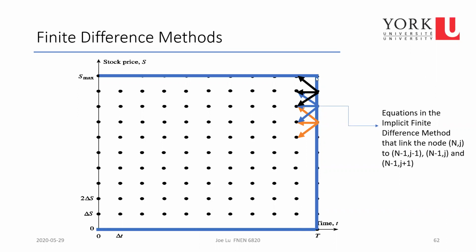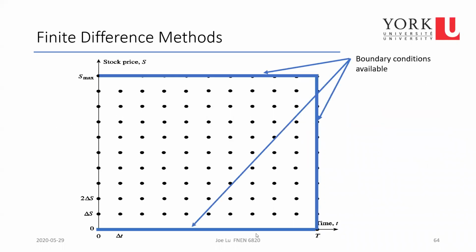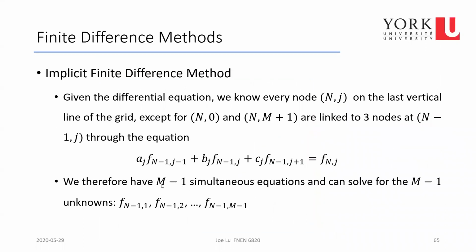And this point and this point are not linked because we don't have a point here. We don't know what the point here is. So we have m plus 1 minus 2 points, so we have m minus 1 sets of equations. Then we can solve for m minus 1 unknowns.